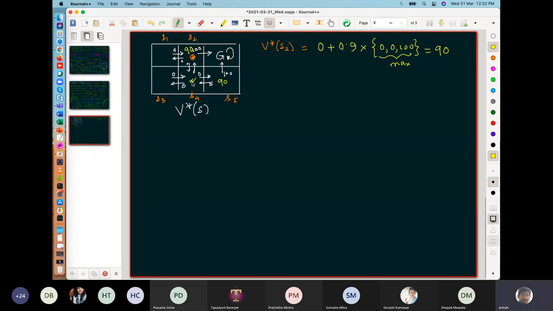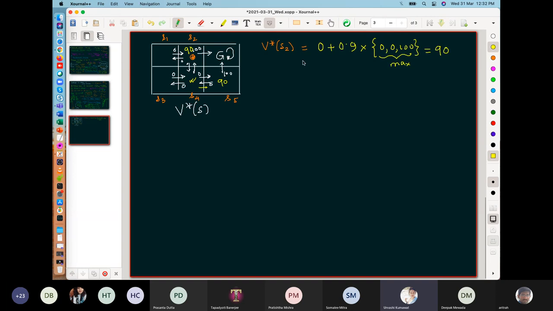See, the value function is a recursive definition, right? Taking an action, you reach somewhere where the value function is maximum. So if you take this action, I should get 90.